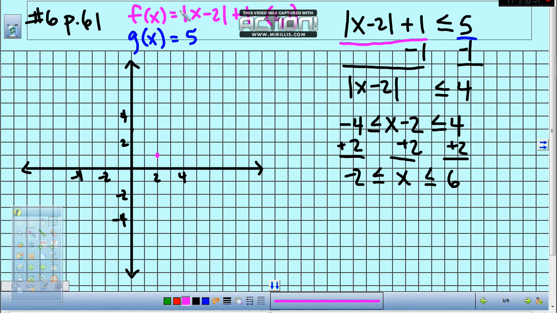Your slope, we're getting that from in front of the absolute value bars, 1 over 1. So rise 1, run 1. I'm continuing that slope. An absolute value function is symmetrical, so let's repeat the other side of symmetry.